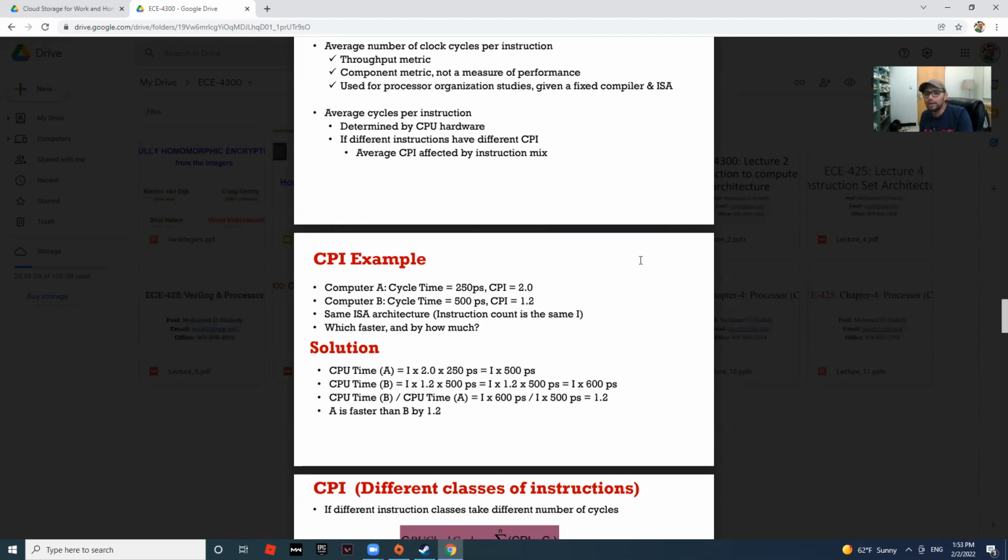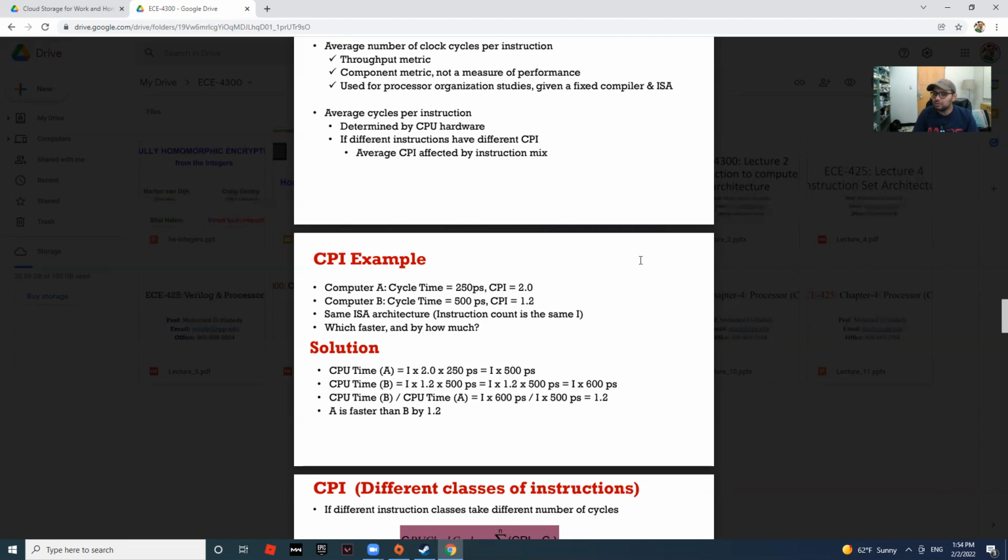That's why the CPI is 2.0, not just 2. Computer B runs with a cycle duration of 500 picoseconds and the CPI is 1.2. If we consider the same instruction set architecture and the same number of instructions, which one is faster and by how much?